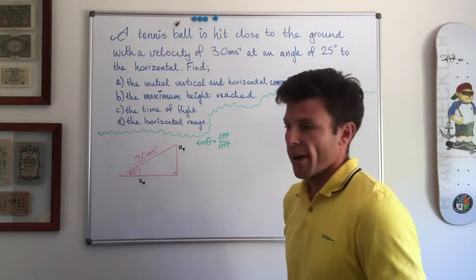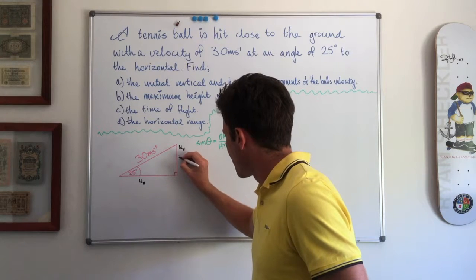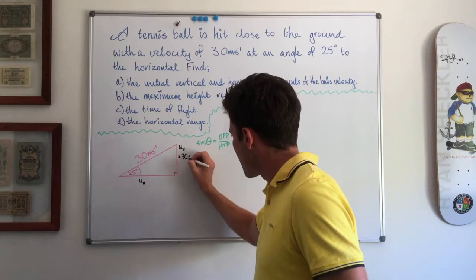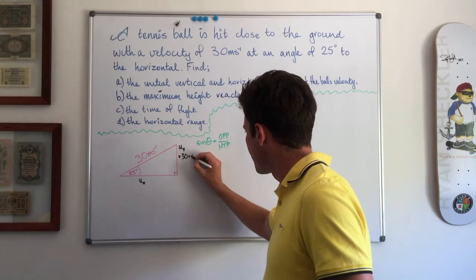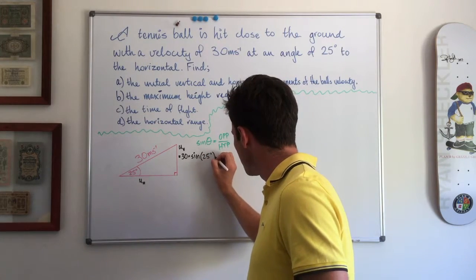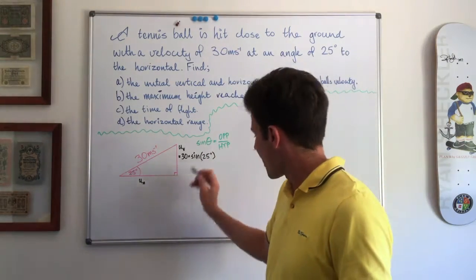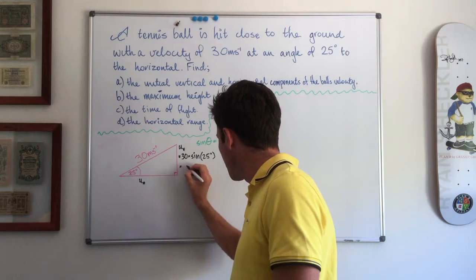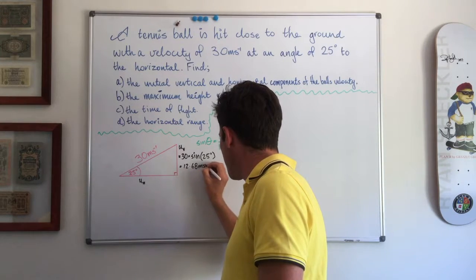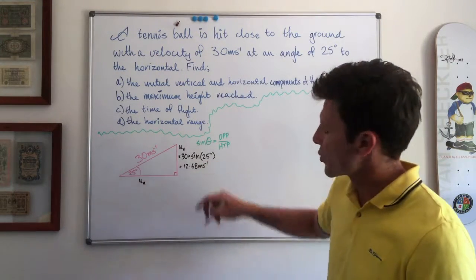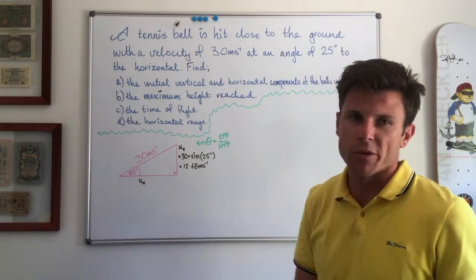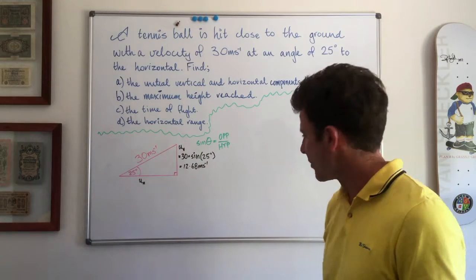So this is the hypotenuse, 30, multiplied by the sine of the angle, and that is going to be 12.68 meters per second, which we'd expect to be smaller than the hypotenuse. Both of these components will have to be smaller than the hypotenuse.